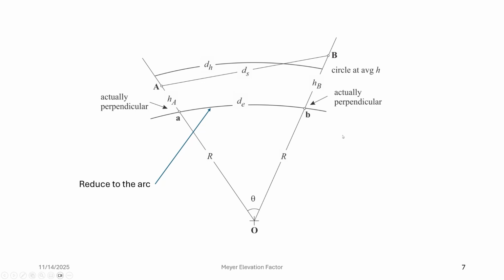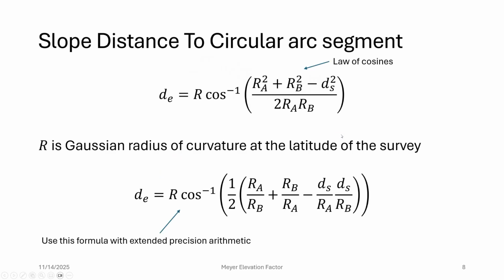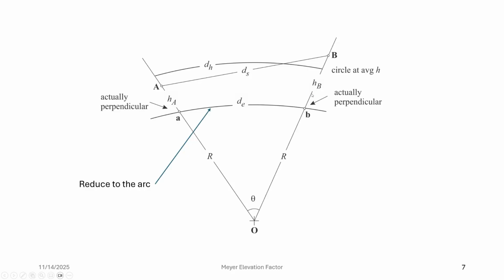It's going to reduce it to a circular arc. The formula is here, and the terms that are the argument to the cosine, that's just a straightforward application of the law of cosines to this figure here, where theta is the angle between R and R. And bear in mind that in reality, theta would be an incredibly small angle.